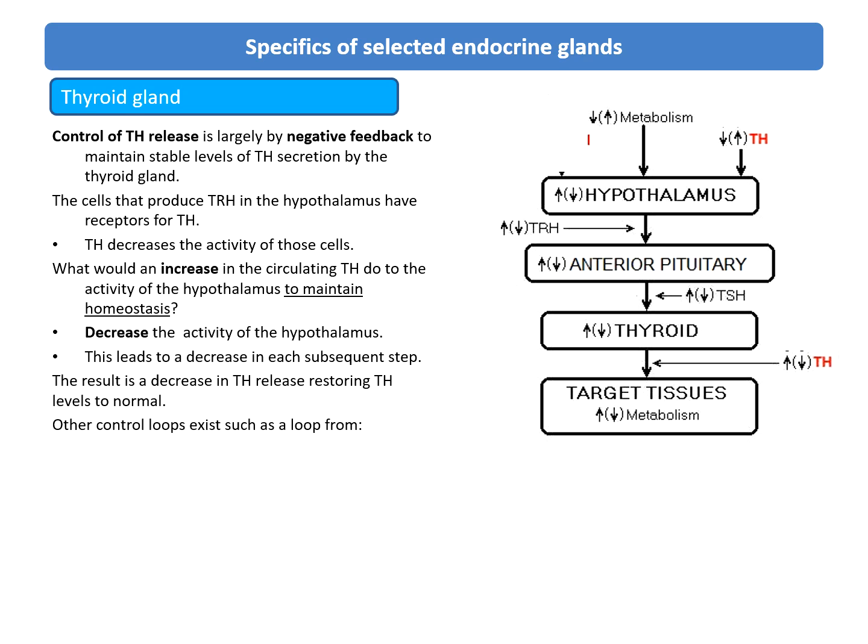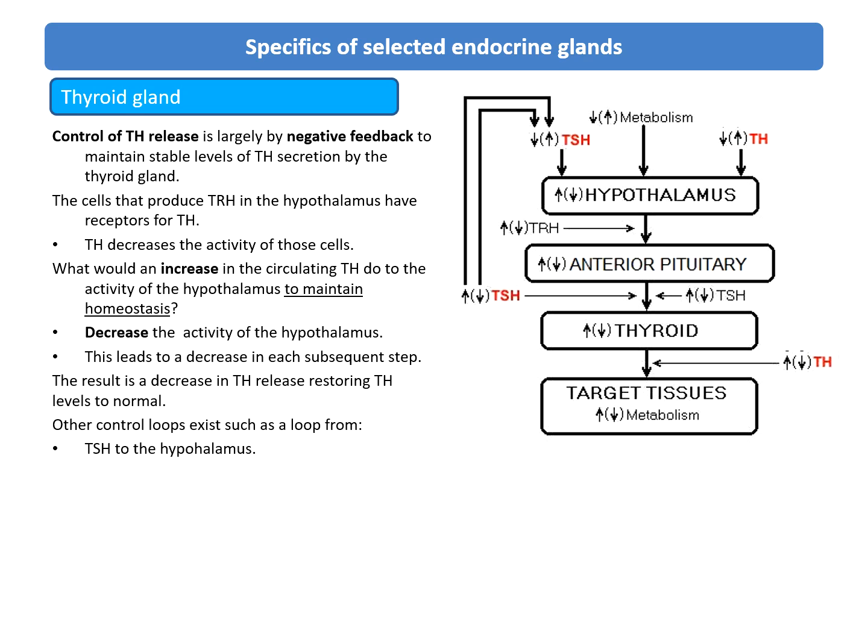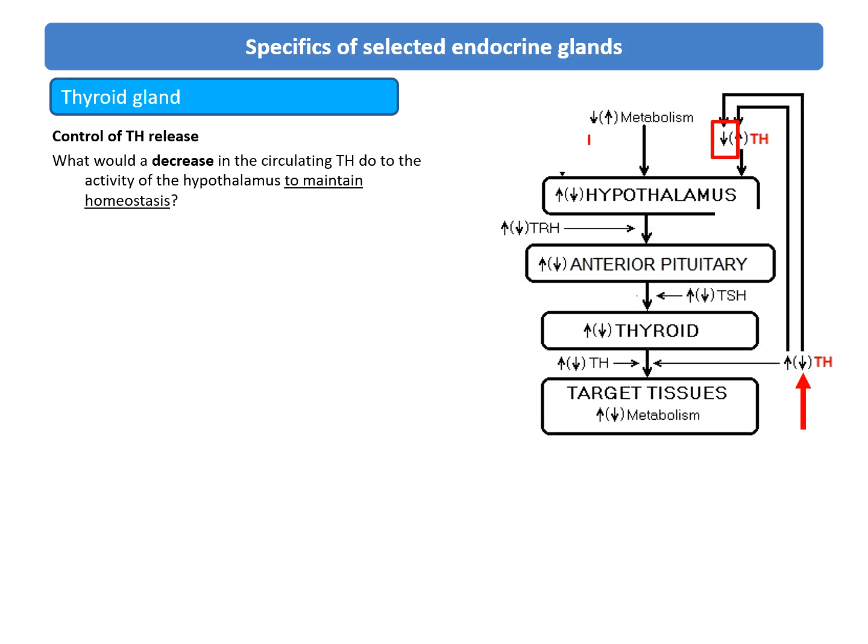Other control loops also exist. For example, a loop by TSH to the hypothalamus. What would a decrease in the circulating TH do to the activity of the hypothalamus in order to maintain homeostasis?